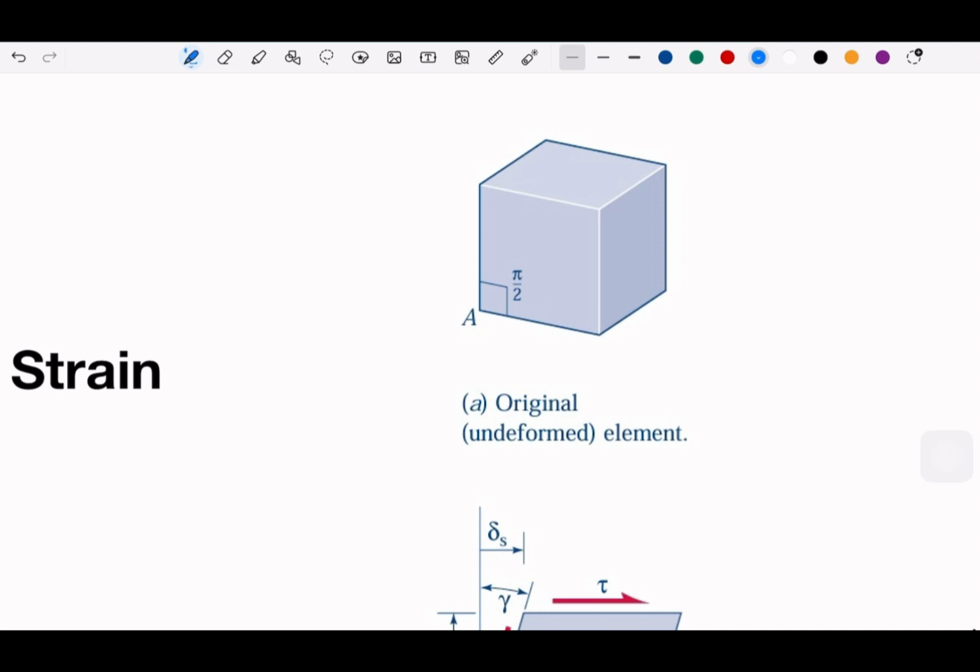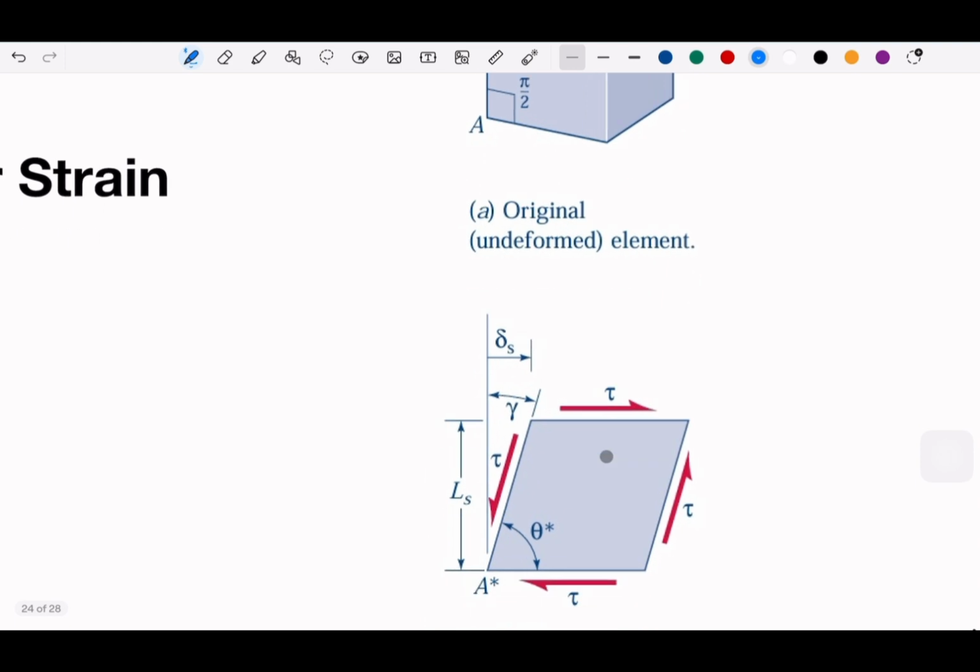It will move away, and perhaps if you see from the side, it will look something like this. So you have these forces here, and let's say this is the middle part of our body. This will be the tau, the shear stresses, sorry, and this is going to be the change in deformations.